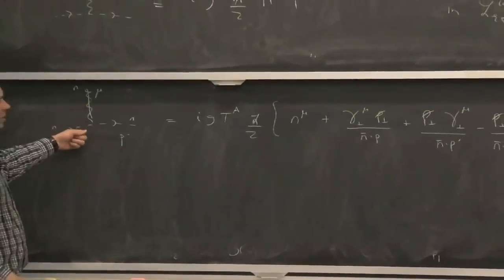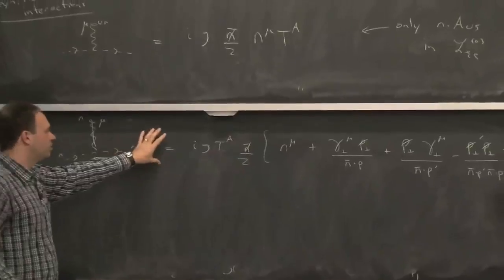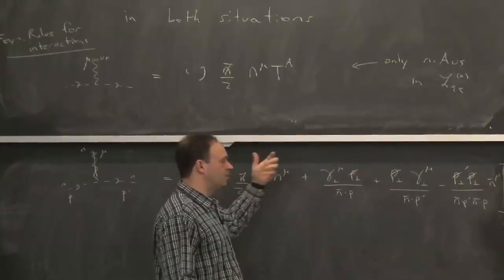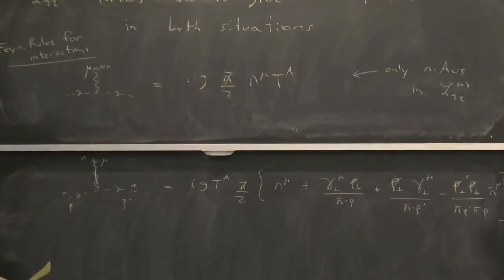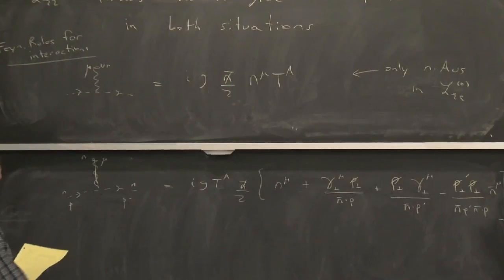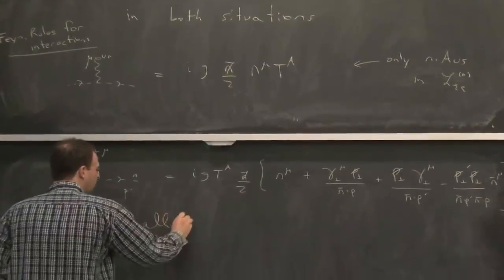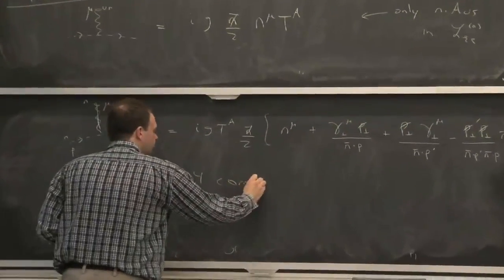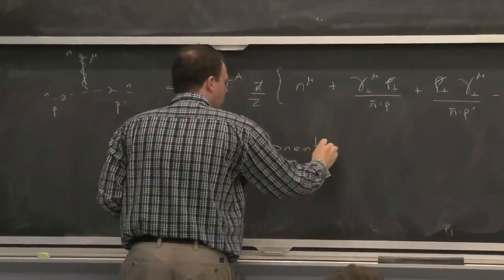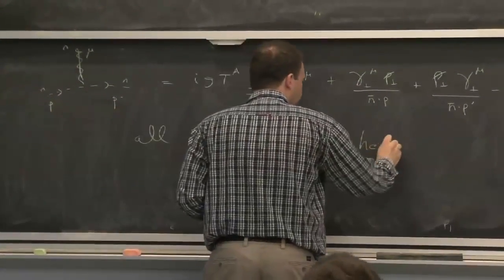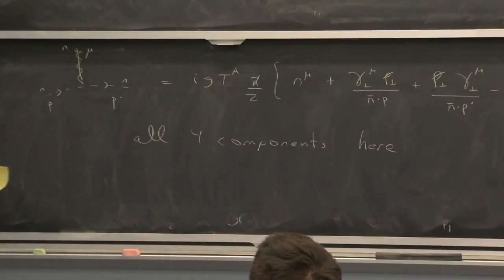But once we know what I just told you, we can oftentimes carry out calculations here by making correspondences with the full QCD Lagrangian. Sometimes that's done. Anyway, we couple to all four components of the field.